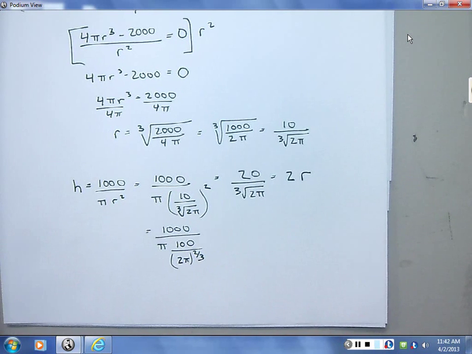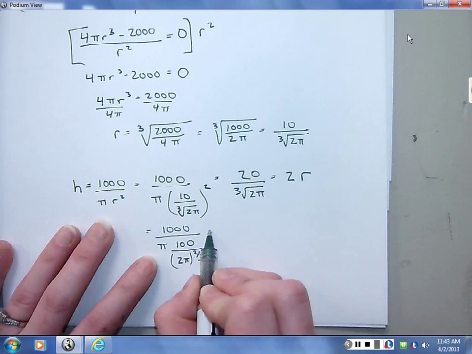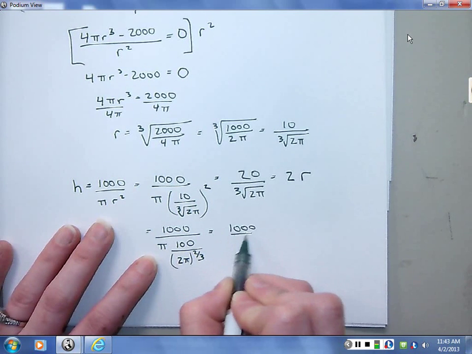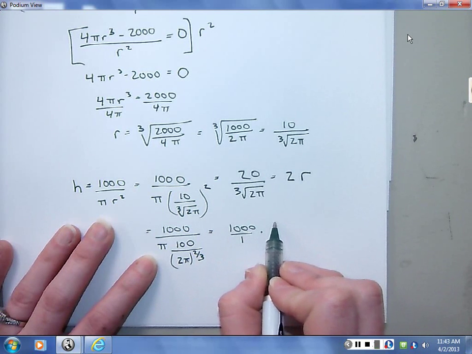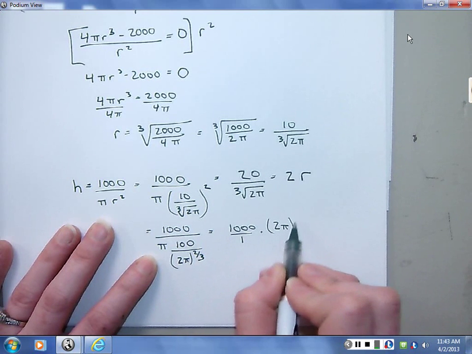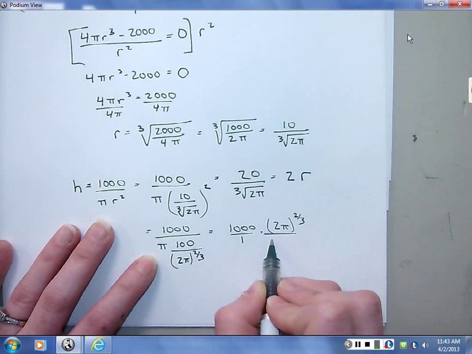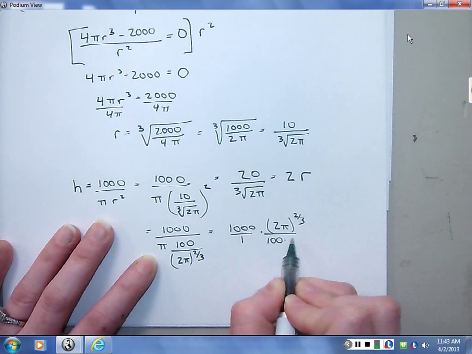Let's see what I want to do to get it in that formula. So flip and multiply. So really I have 1,000 over 1 times 2 pi to the 2/3 over 100 times pi.